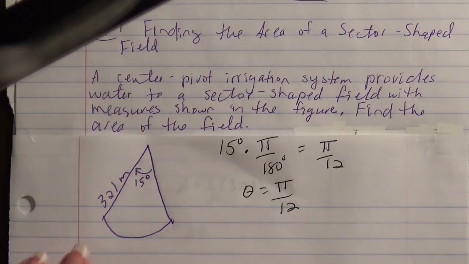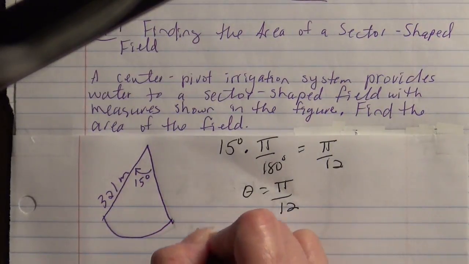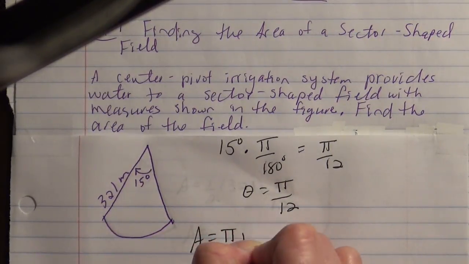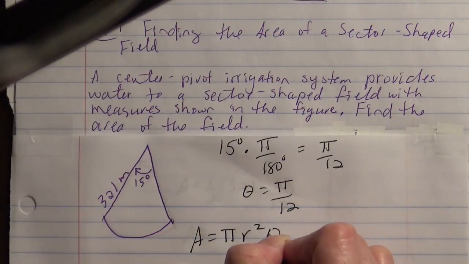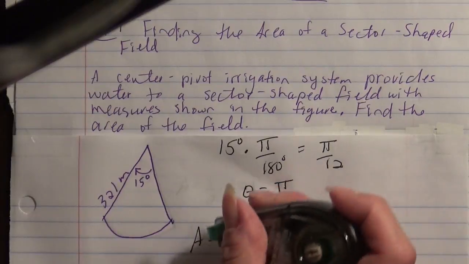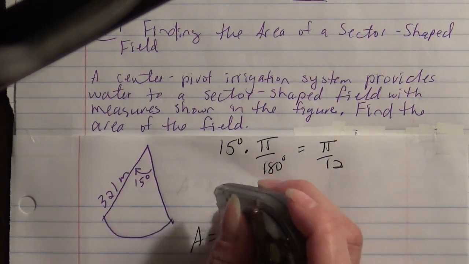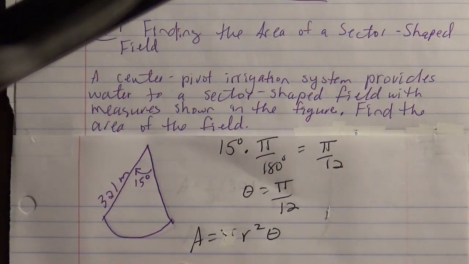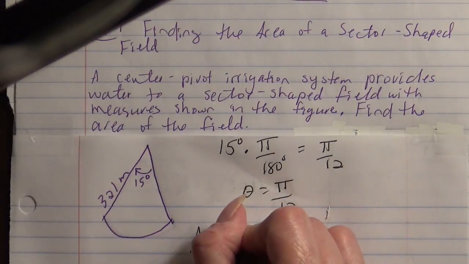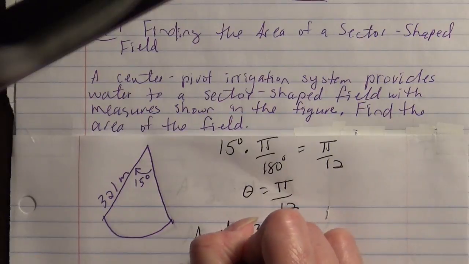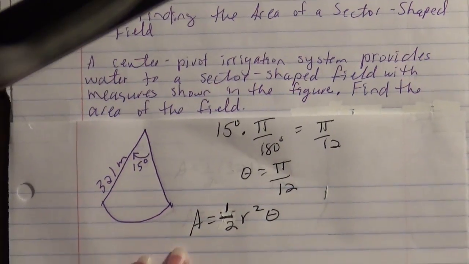And now we can find the area of the sector. So we're going to say A equals pi r squared times theta. I'm sorry, it was 1/2, excuse me. It was 1/2 r squared theta. So our formula is 1/2 times r squared theta.